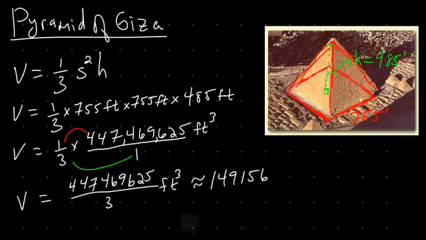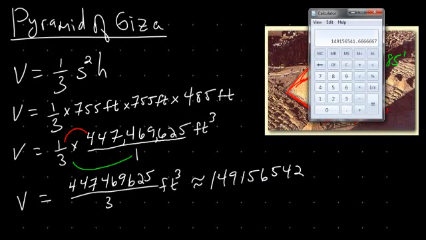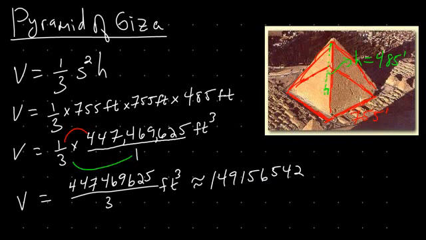So let's just say about 542. Let me look at that again to make sure. 149,156,541.6, and we're going to call it about 542. And that is cubic feet.